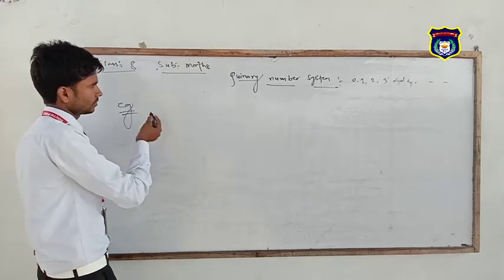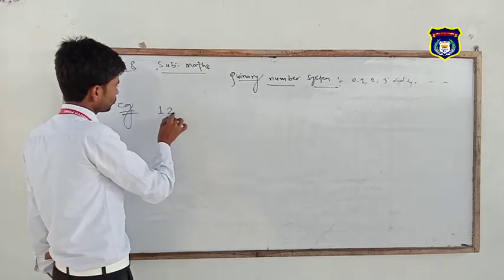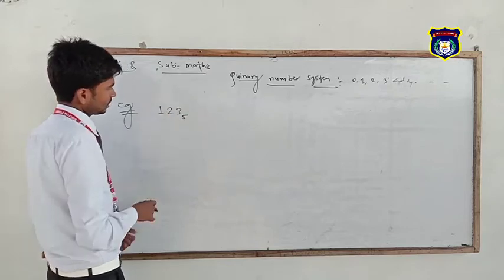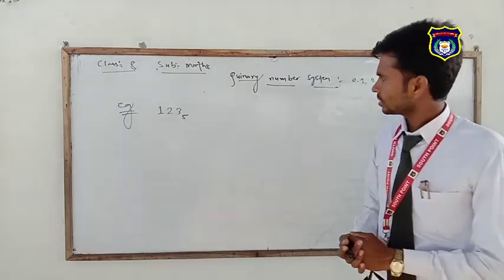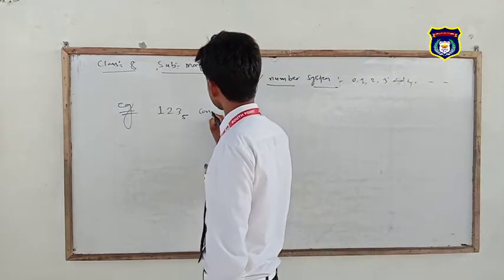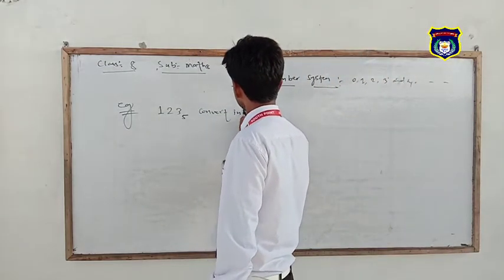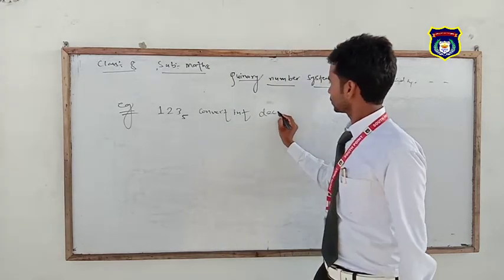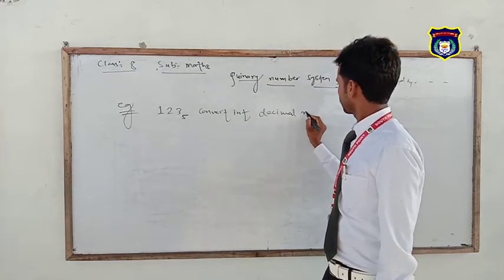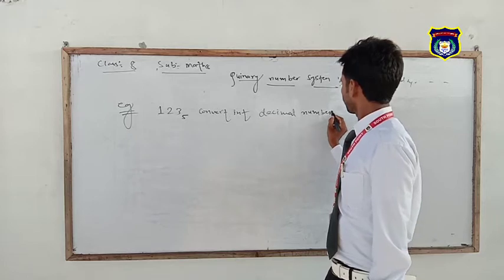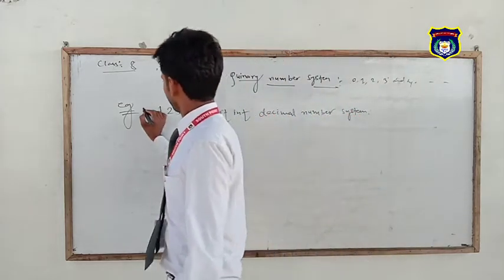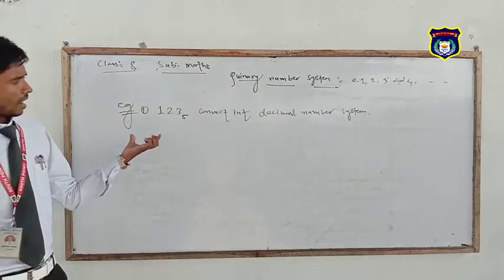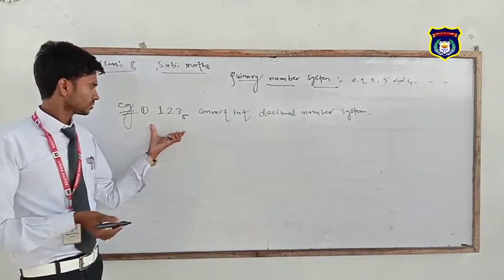Now suppose 123. It is quinary because its base is 5. If we convert this into the decimal number system, how can it be converted?